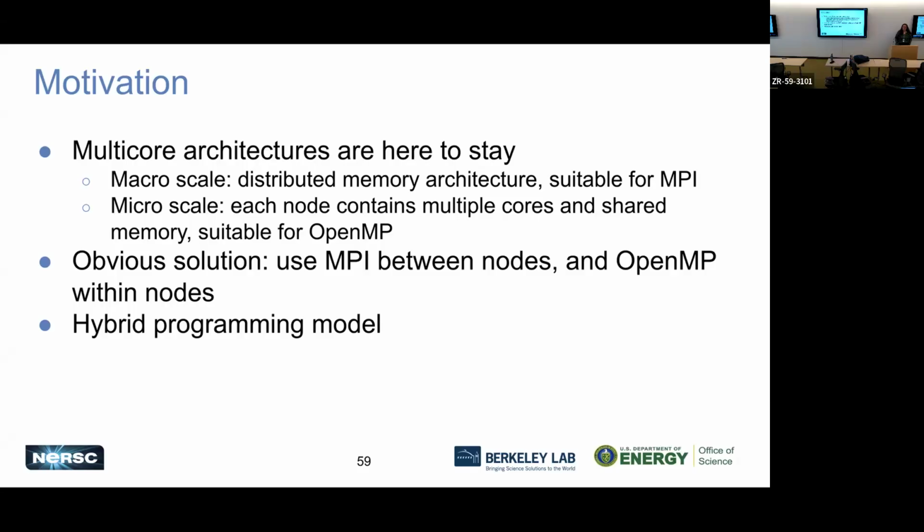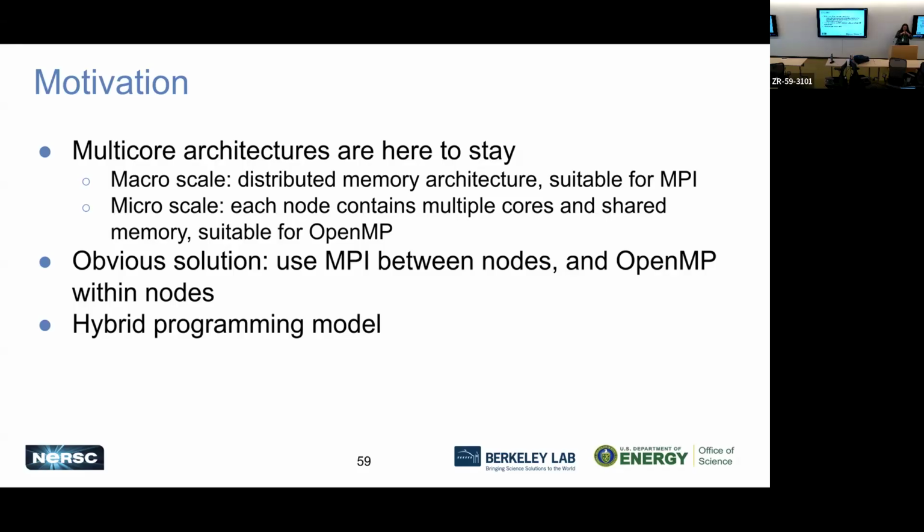Multi-core architectures are here to stay. If you think about a machine like Perlmutter, we have multi-core nodes, and then we have thousands of those, right? So on the macro scale, it's like a distributed memory architecture, so it's perfect for MPI.